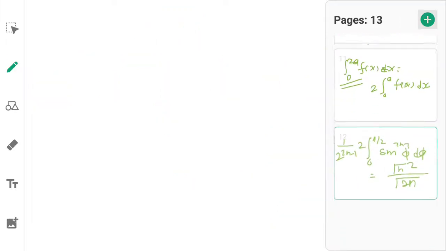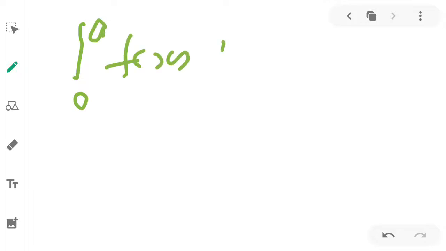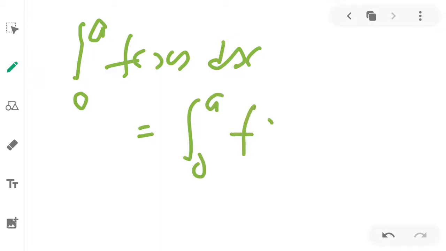Now in the next step, we will use another property of definite integral. We know integral 0 to a f(x) dx is equal to integral 0 to a f(a minus x) dx. So how will we use this property in the above integral?